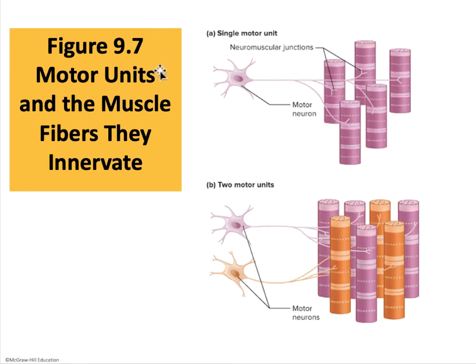In the top half, we have a single neuron activating 5 different muscle cells. And in the bottom diagram, we have a single neuron in purple activating 4 muscle cells, and a second neuron in orange activating 3 muscle cells. So you could either fire one or the other, or both, or neither.